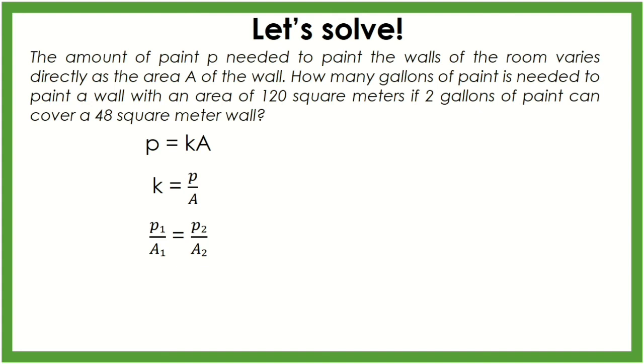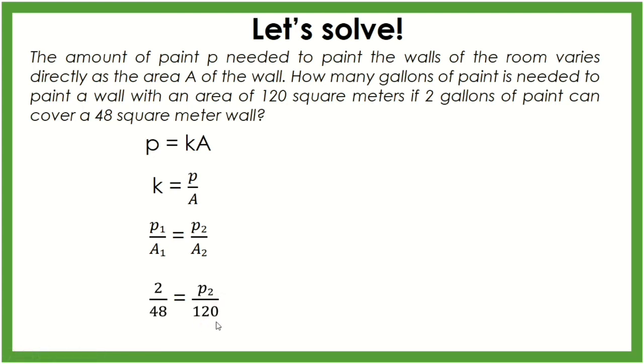Then, substitute the given. So, ang P sub 1 natin is 2. Ang A sub 1 natin is 48. Equals, so, ang hinahanap is P sub 2 over, ang A sub 2 natin is 120.